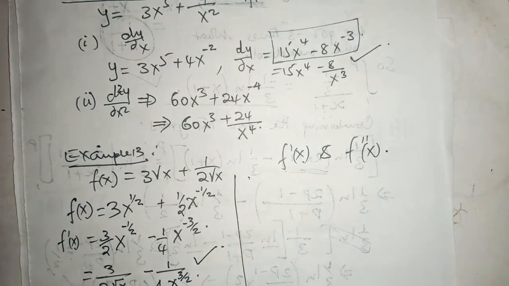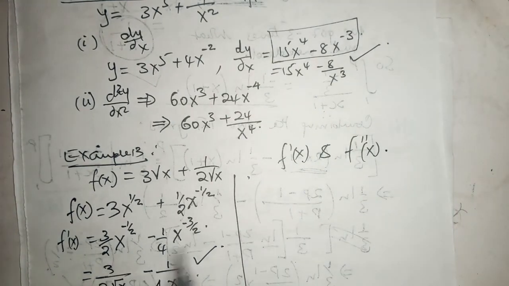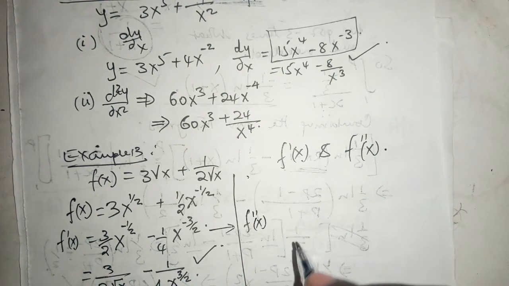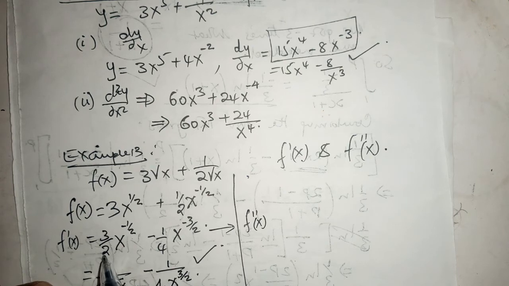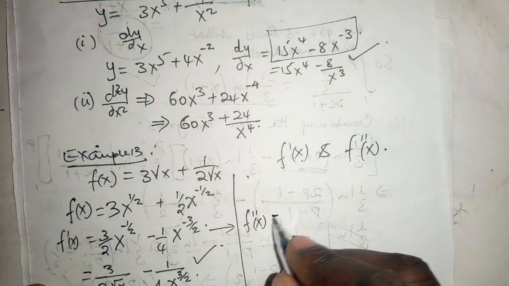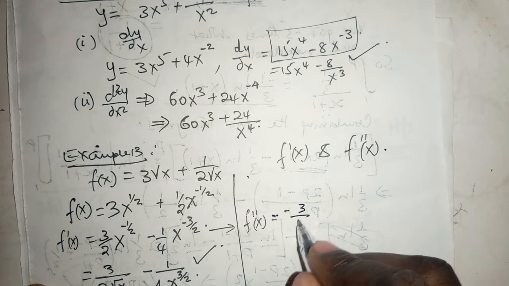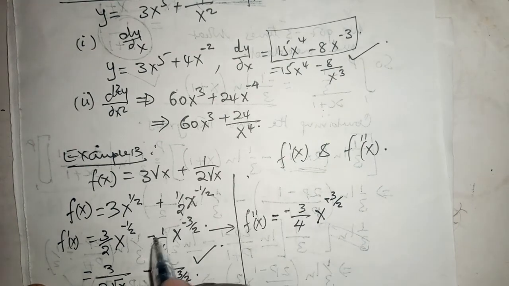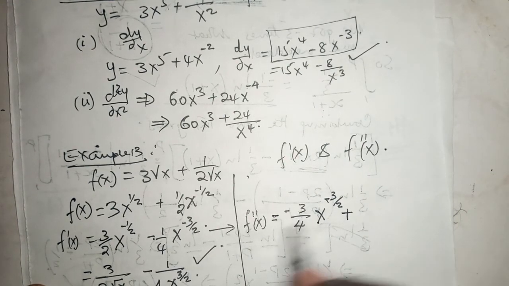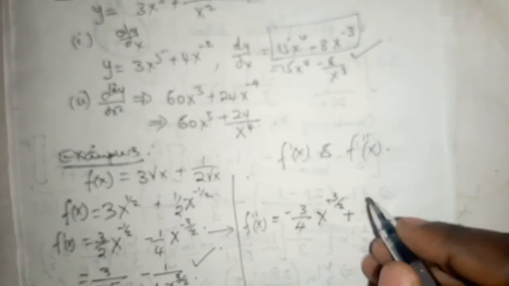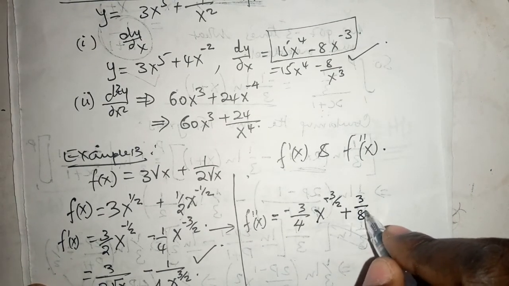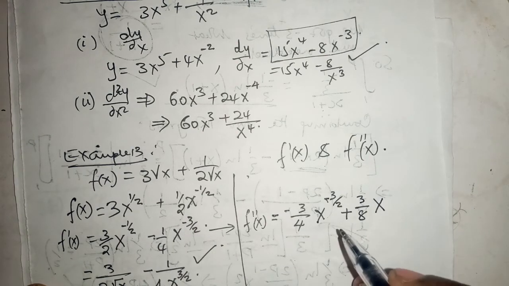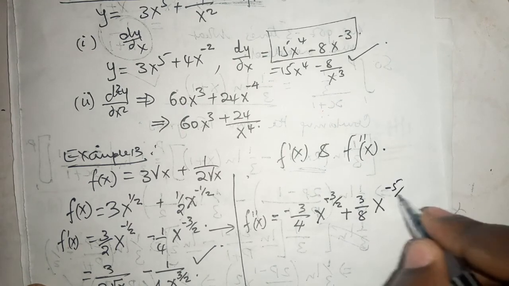Now, the second derivative. We differentiate this one to get f double prime x, which is going to be 3 over 2 times negative a half, which is negative 3 over 4 x^(-3/2). Of course, negative and negative gives us a plus: 3 over 2 times a quarter, which is 3 over 8 x to the power, reducing by 1, minus 5 over 2.